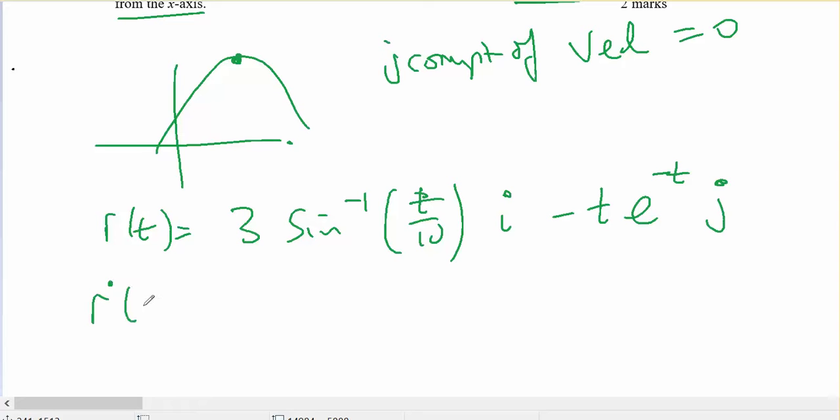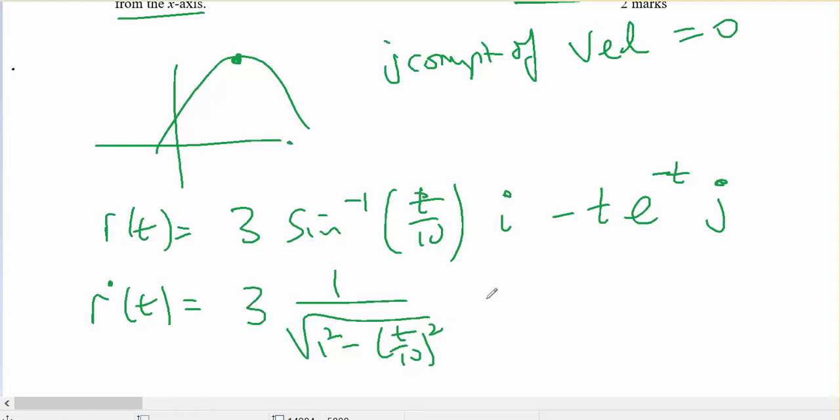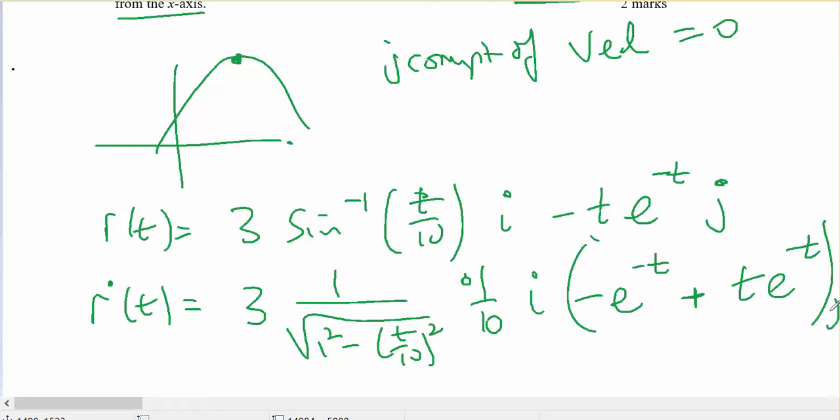So r dot of t is going to equal 3. The derivative of inverse sine is 1 on top of the square root of 1 minus (t on 10) squared, times 1 on 10, in the i. Minus, I've got a product rule here, so the derivative of t is 1, so that's e to the minus t, then minus t times the derivative of this, which is e to the minus t times minus 1, so that becomes a plus, in the j.